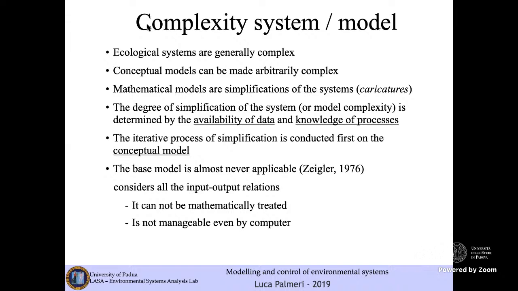If I need, for example, 10 times the time for calculating the resolution of the differential equations describing the interaction of my ecological systems, then my model is useless, because the forecasts provided by the model are simply too cumbersome from the computational point of view.